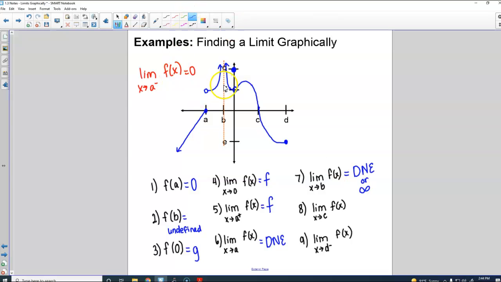Okay, let's see. Noah, what about number 8? Limit as x approaches c. There's a 0. Maybe some zeros. All of these letters represent numbers, and we could put numbers here if we wanted. All right, Noah. The limit as x approaches c of f of x.